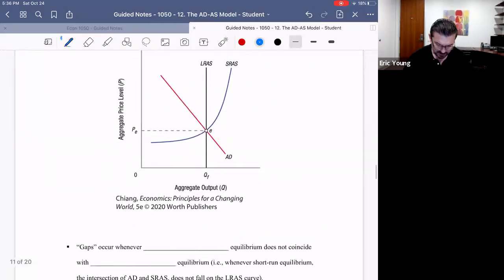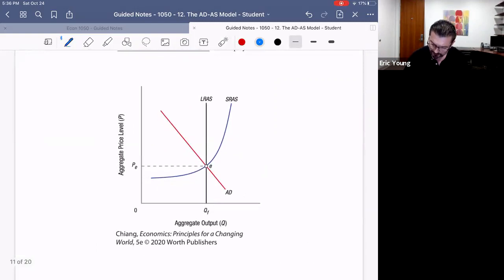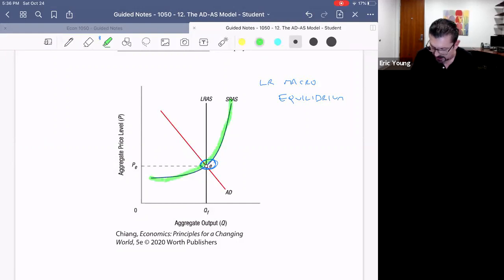Best way to see it is just to take a look at it. And you have here this drawing. This is an economy at long-run macro equilibrium. You can see here, it all comes together at point E. And you can see that at point E, you have the intersection of short-run AS and AD.